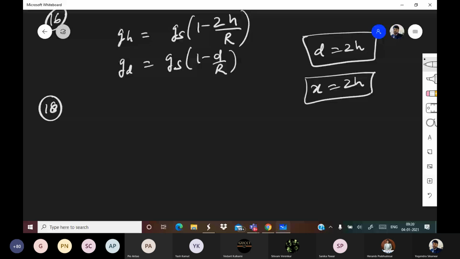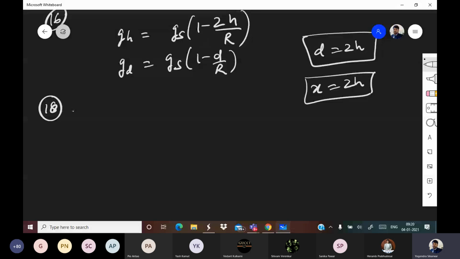When it is saying vacuum, that means there is no air resistance also. Air is also not present. So even if their radius are different, the answer will be same. It is independent of radius also. If you drop a small object or a bigger object from the same height, they both will reach the ground at the same time. So this was question number 18.